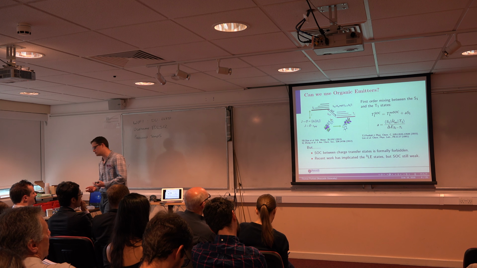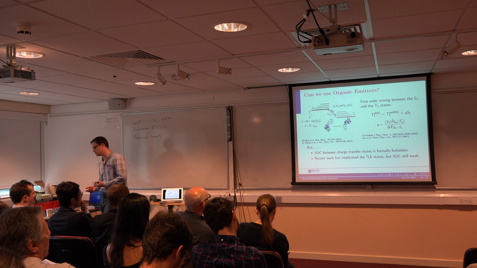So we're talking about crossing between two spin states. Your first reaction when we think of organic species is, this is not going to happen, there's no spin-orbit coupling. Well, what we have to remember is that the efficiency of the crossing between these two states is not only dependent on the spin-orbit coupling, it depends on how well these states mix.